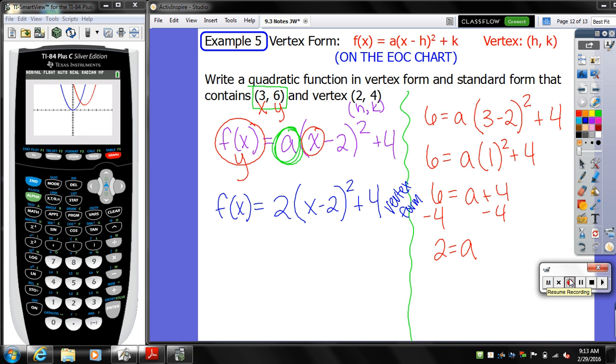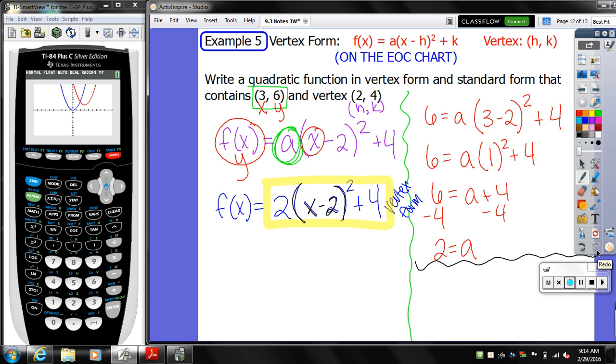Okay, last thing we're going to do is take this vertex form and convert it to standard form, which for us means we're going to simplify this side over here, and when we do that, we should have standard form. Now, I've got a little bit more scratch work to do, because first thing we need to do is expand x minus 2 quantity squared.